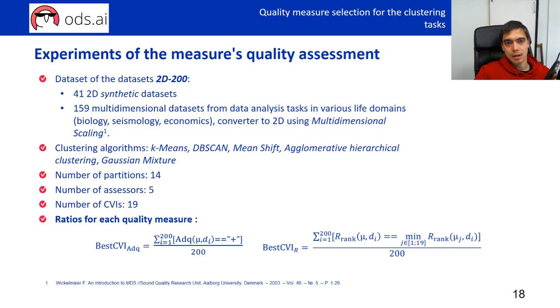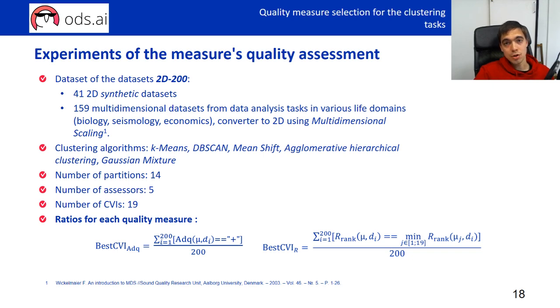So let's analyze the parameters of experiments to evaluate the quality measures. So what have we done? The experiments were performed on the dataset of datasets 2D2000 that I mentioned before. That consists of 41 two-dimensional synthetic datasets and 159 multidimensional datasets from different domains that were converted to two dimensions using a multidimensional scaling algorithm.